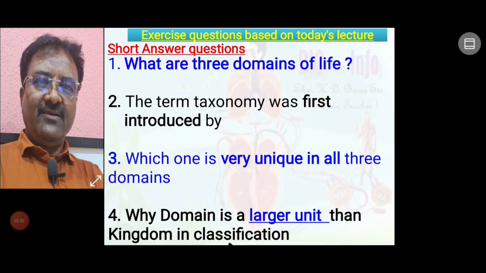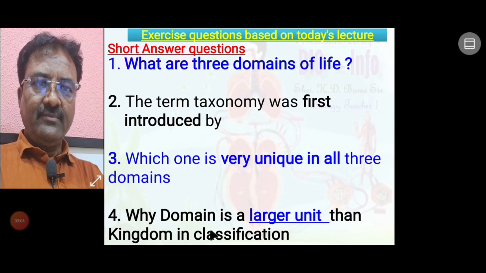Domains are three different types, meaning all organisms are included in three forms of life. In kingdom classification, all organisms are included in 5 different kingdoms. So this is the difference between domains and kingdom classification. So domains are a larger unit than the kingdom classification.